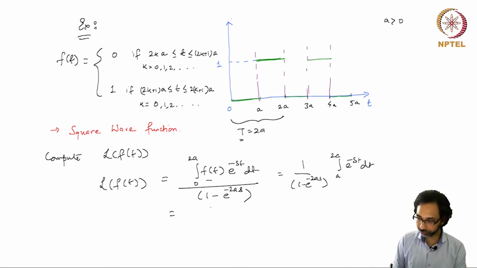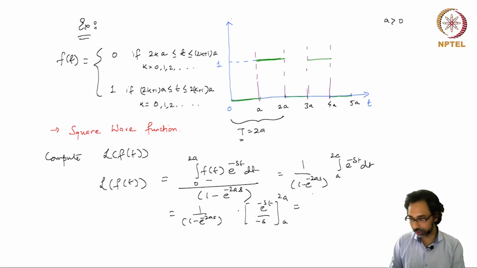Therefore you get 1 over 1 minus e^(-2as), and then e^(-st) over minus s, from a to 2a, and this is nothing but 1 over (1 minus e^(-2as)) times s, and in the numerator you have e^(-as) minus e^(-2as), and this is valid for s greater than 0.